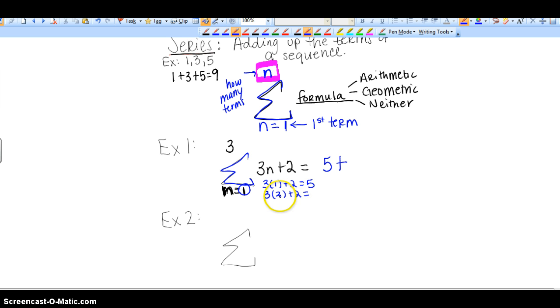So 3 times 2 is 6, plus 2 is 8. So plus 8. And now we want the third term. So 3 times 3 plus 2 is 11. And we're going to add those up. And we get 24. And that is our answer.